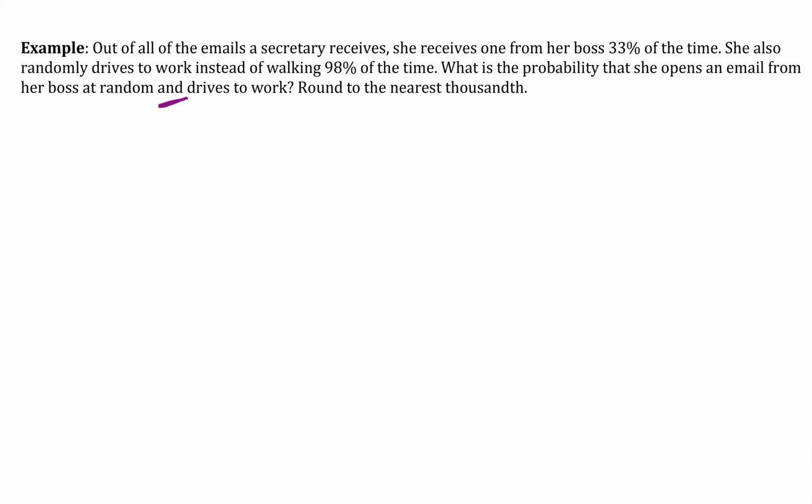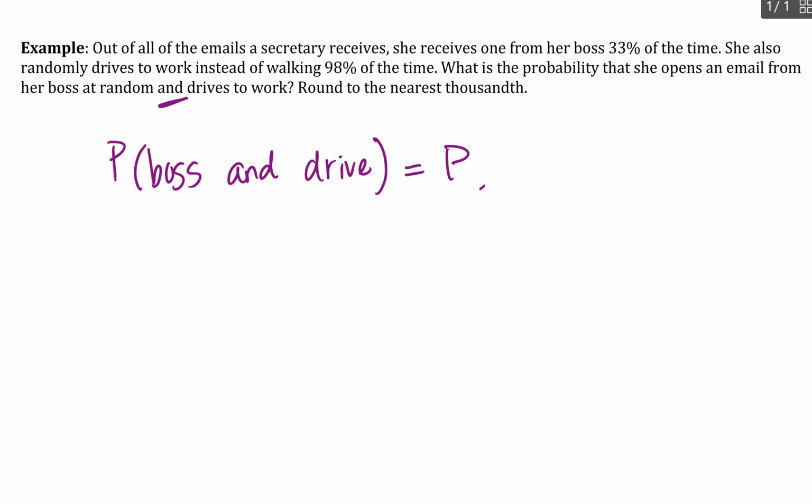Now that's pretty easy to assume, that receiving an email from your boss and deciding to drive to work are independent events. So we want the probability that we receive an email from our boss and we drive to work. And since they're independent, we can do the probability of boss times the probability of driving.